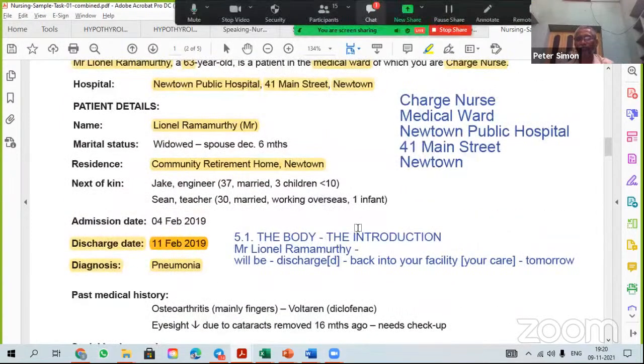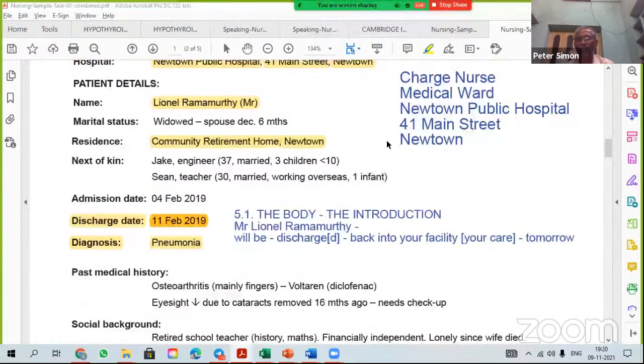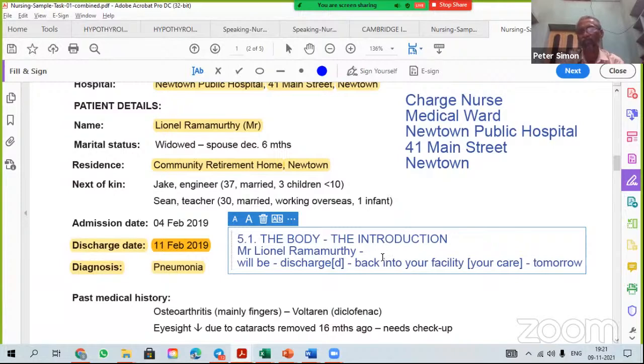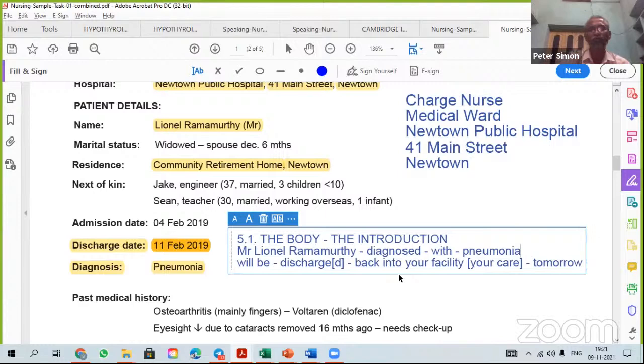So here, diagnosis, diagnosed, past tense, diagnosed, then with pneumonia.